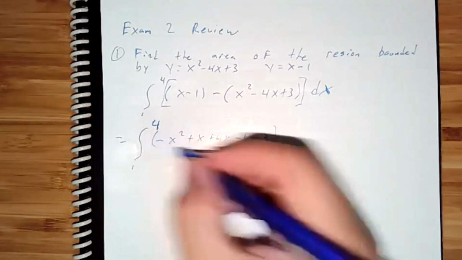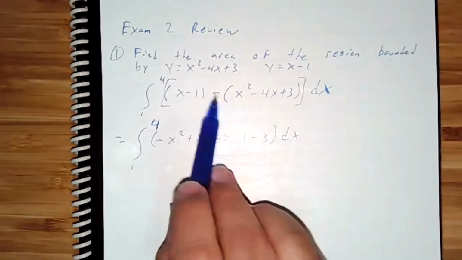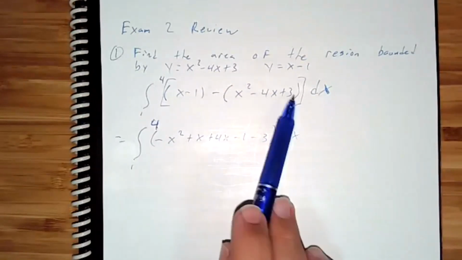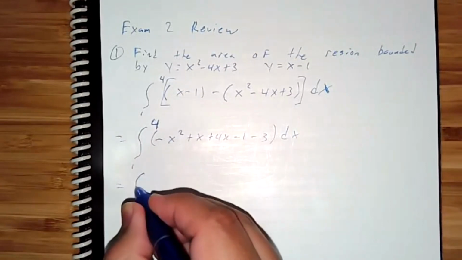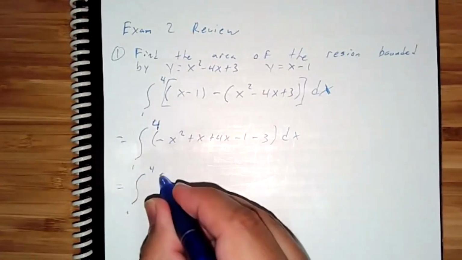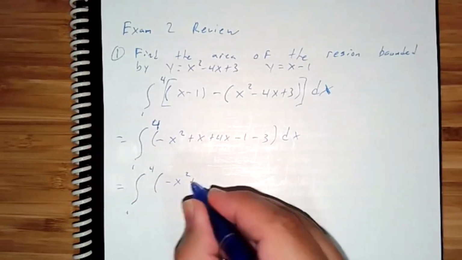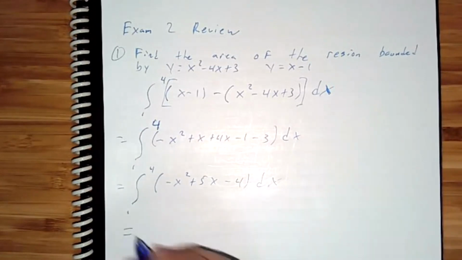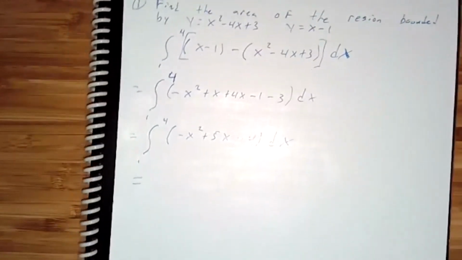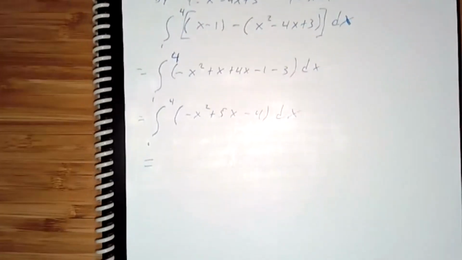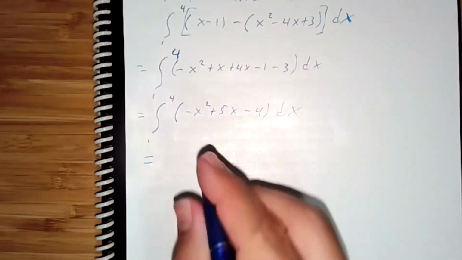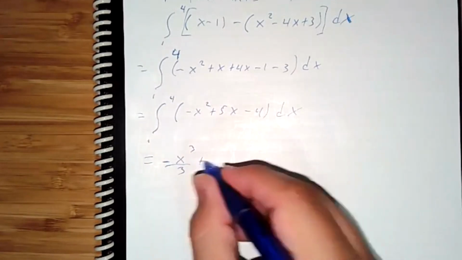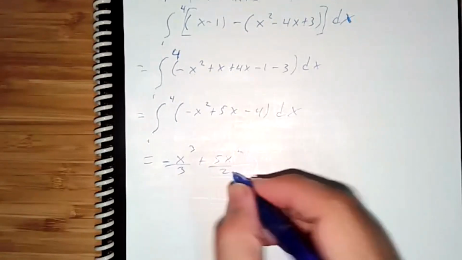So I got them all together, and I distributed the negative at the same time. So the minus x squared plus 5x minus 4. Combine like terms and we'll get this. Integrate this guy and we'll get negative x cubed over 3 plus 5x squared over 2.